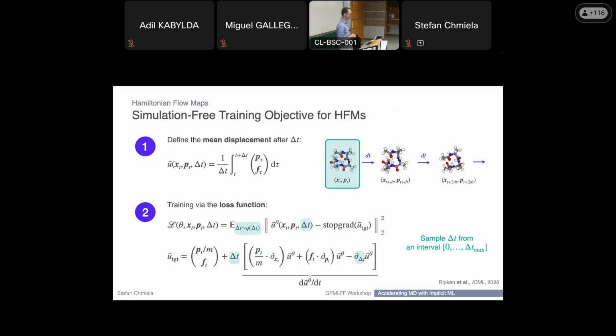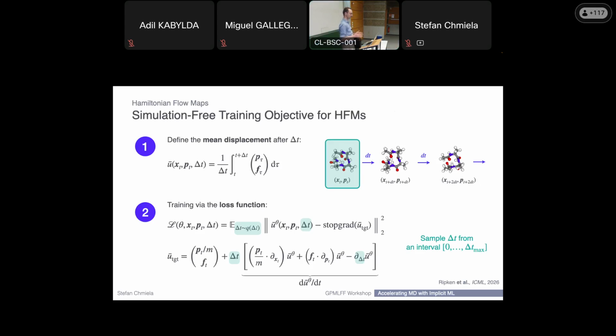And the third aspect is that we have to sample from different time steps, but we can simply sample uniformly. They have no other meaning other than saying that each phase space sample can appear at any time point in different trajectories, right? So that's not hard to sample from t.